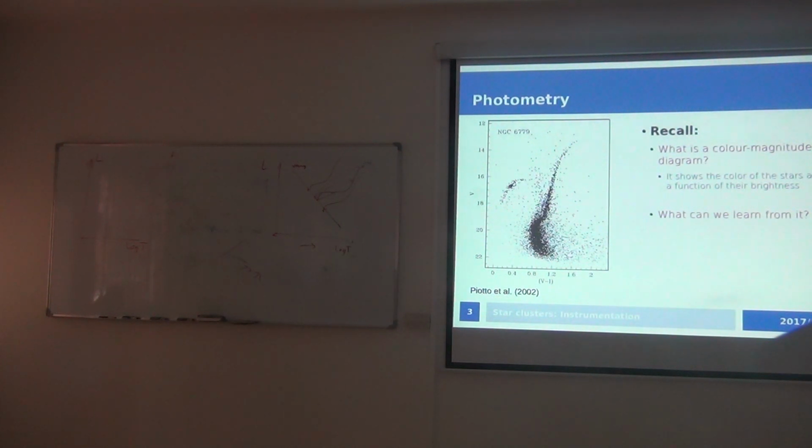Who wants to point at it? It's a line of stars, from the high left, high right to lower left. This maybe the main sequence. This one here? No, this line. Maybe it's this.